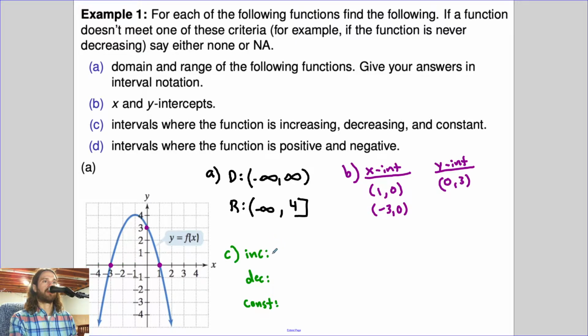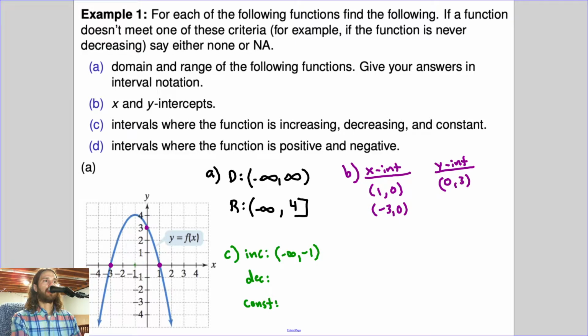It's increasing from negative infinity up to negative 1. And we can just use parentheses there. For increasing and decreasing, remember we just use parentheses, at the spots where it's changing from increasing to decreasing, or at the endpoints.